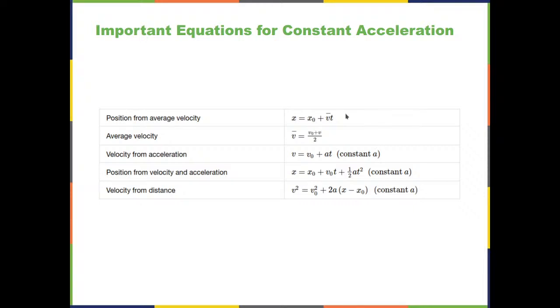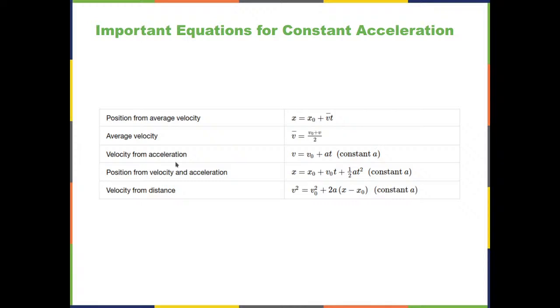Okay, back to the formulas here. These are for numerical problems. These are the formulas that we went over last time. The different types of formulas are how to use average velocity, v with a bar over it, which is the initial velocity plus the final velocity divided by 2. So we can write the displacement in terms of that average velocity.